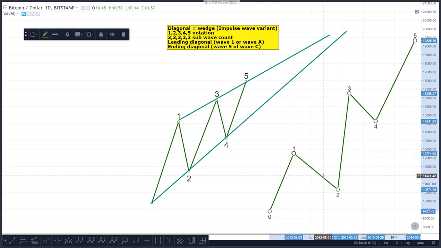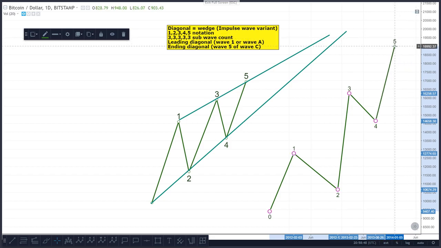But if you see a very messy wave 2, very hard to interpret, then expect a more simple wave 4. That's why it's useful. Once you've seen wave 2 form, you can determine whether wave 4 is going to be long and confusing, or whether it's going to be nice and simple. As I say, most of the time it's long and confusing.